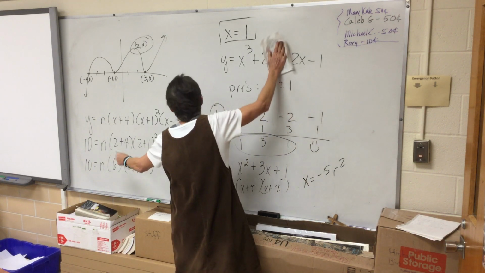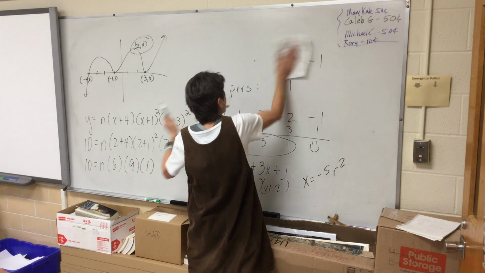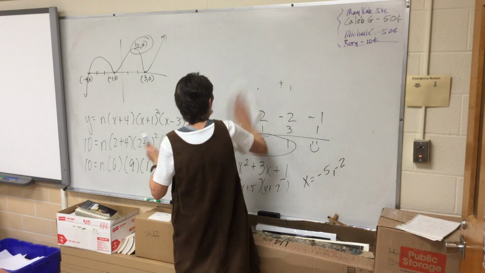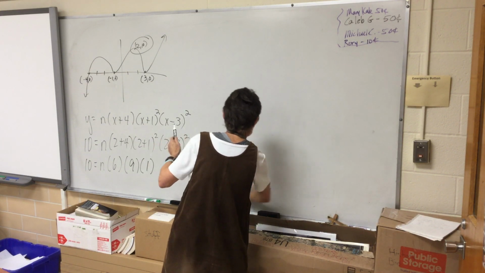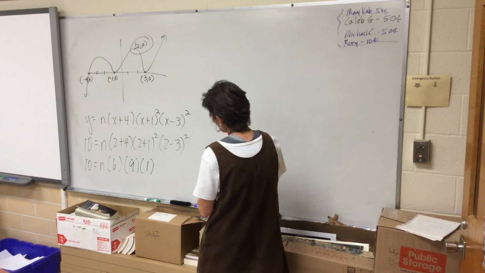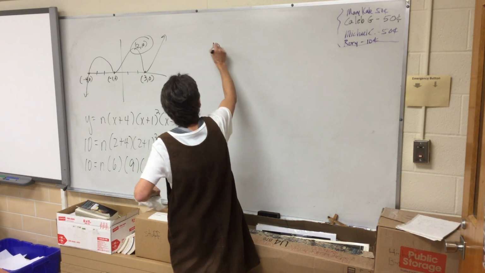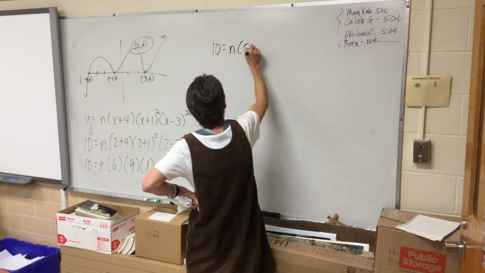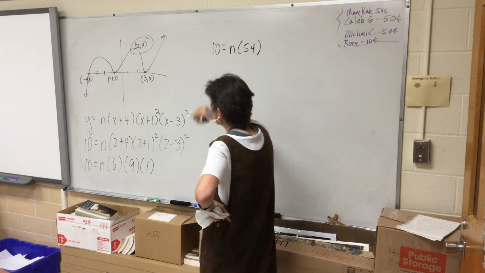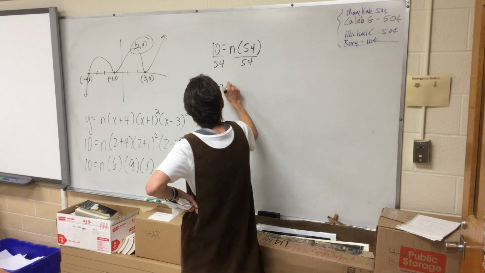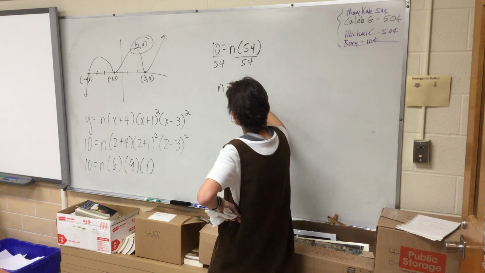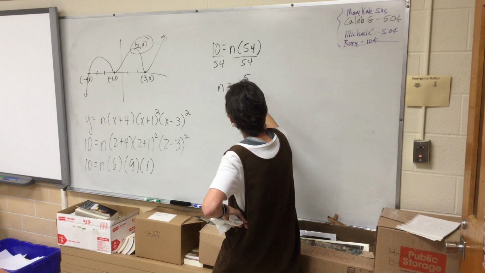So let's multiply all that together. 9 times 6 times 1 is 54. So 10 equals n times 54. So I'll divide by 54, and n equals, that reduces to 5 over 27.